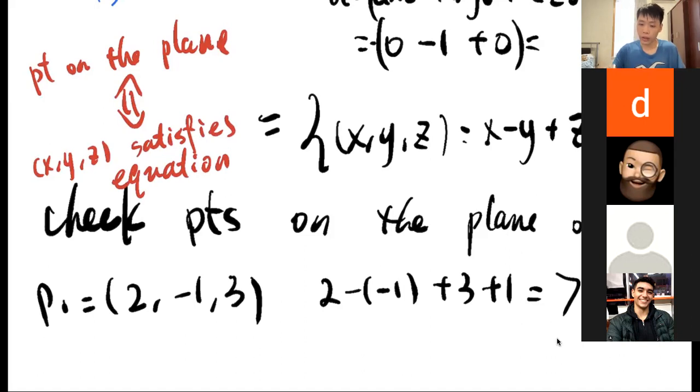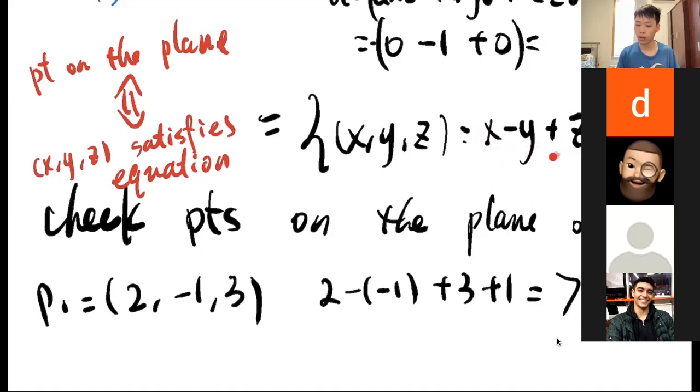So now the job here is to check whether or not the point is on the plane. The only way to do that is to check whether or not it satisfies the equation. In point 1, you have x, y, and z with 2, -1, and 3. To check whether this fits the equation, let's plug it into the left-hand side, where you only have x, y, and z.